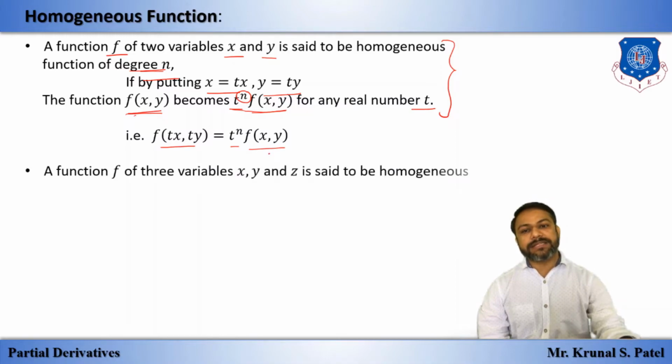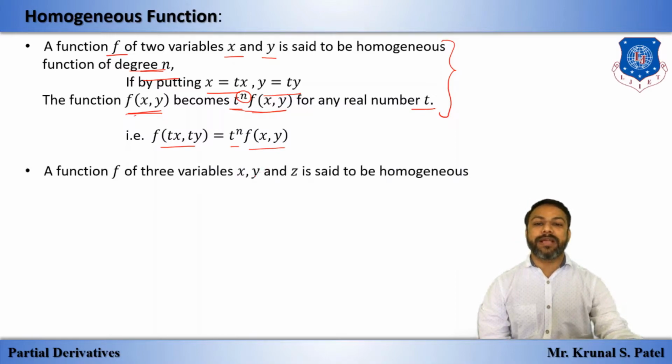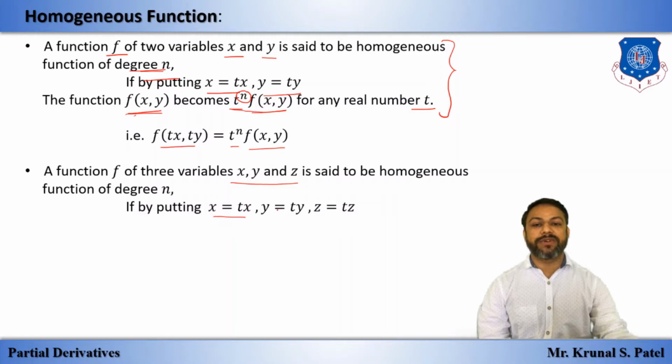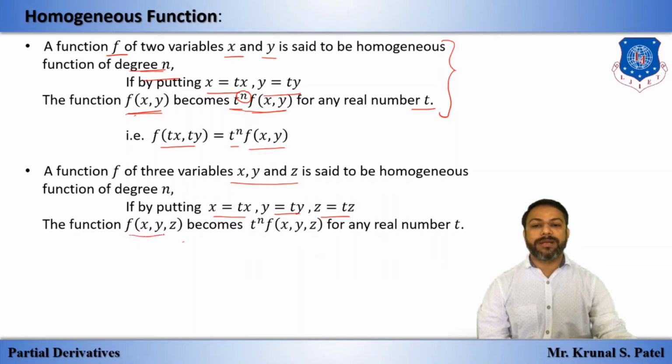Okay, the same concept we can apply for three variables x, y and z. Then for a function of degree n, by putting x equal to tx, y equal to ty and z equal to tz, the function f of x comma y comma z becomes t raised to n into f of x comma y comma z for any real number t.